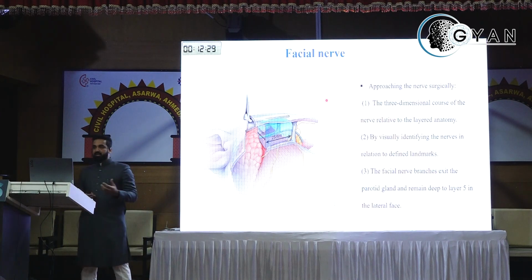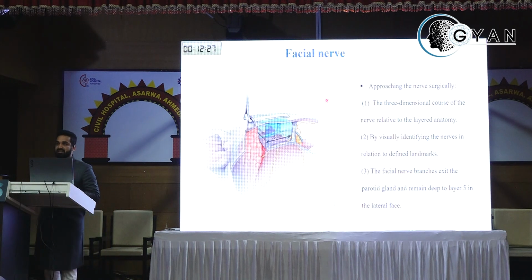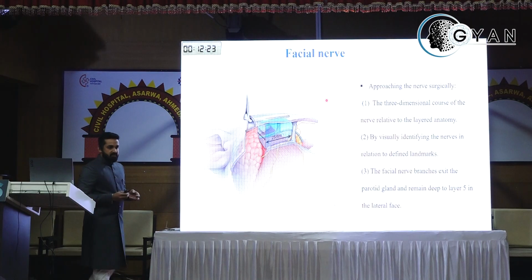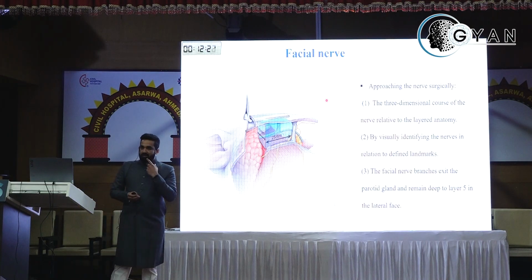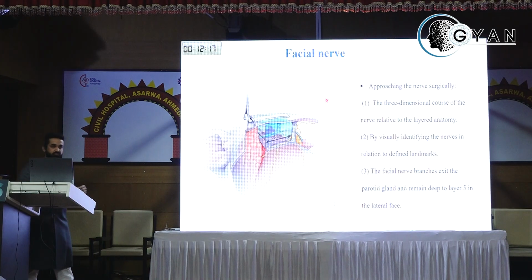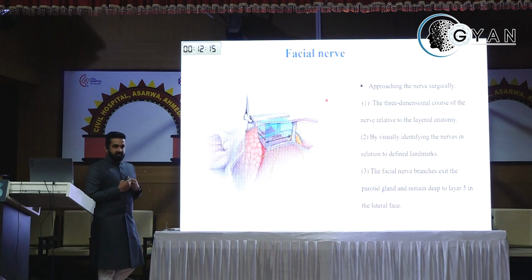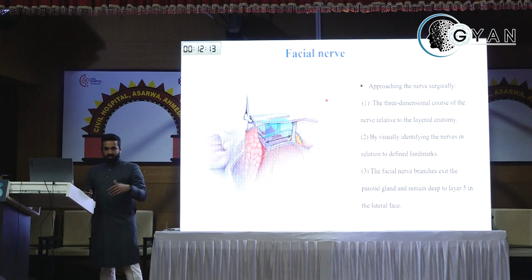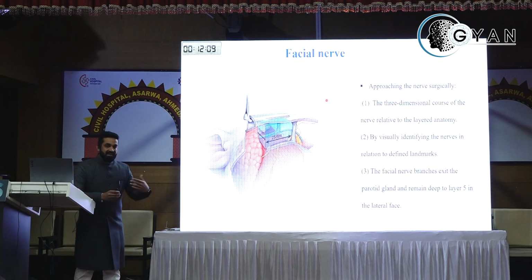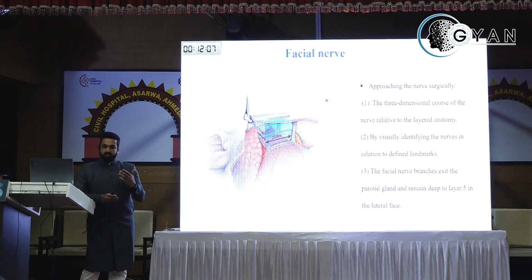The preseptal space, the prezygomatic space, the premasseteric space. So what are these spaces? These spaces are basically, you can say, a husband who after 1 year of marriage needs some space. He doesn't want the queen to budge into that space. So the facial nerve or any important structure doesn't enter this space.